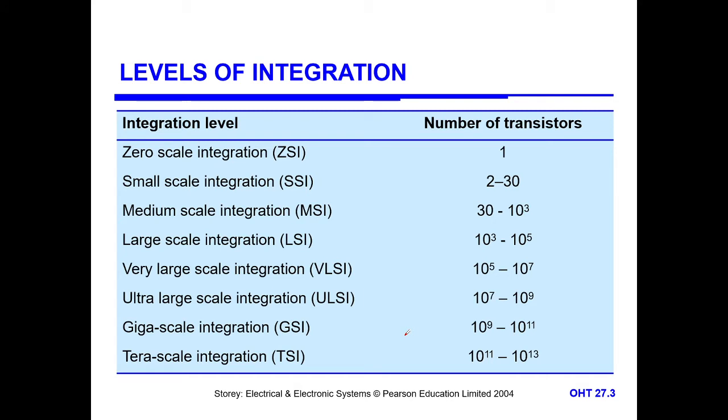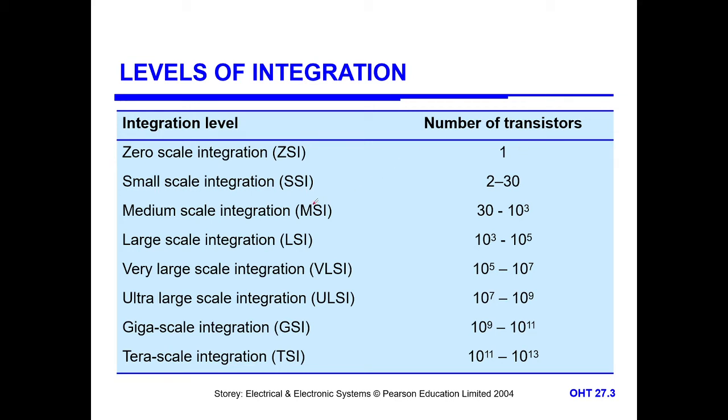Then the next one, levels of integration. This explains how the number of transistors has been increasing in a specific area as the level of integration varies. This integration technology started in the years around the 1930s, and by using zero scale integration, we can integrate only one transistor in a specified area.